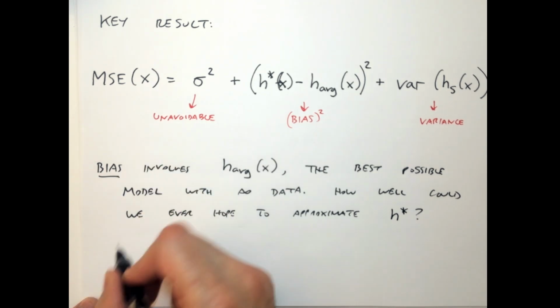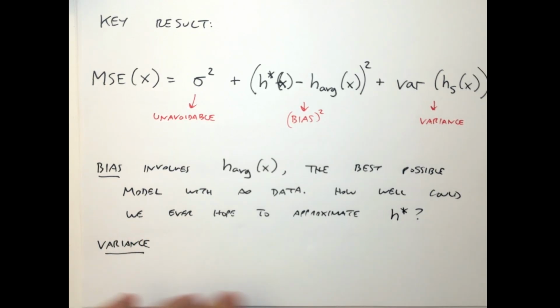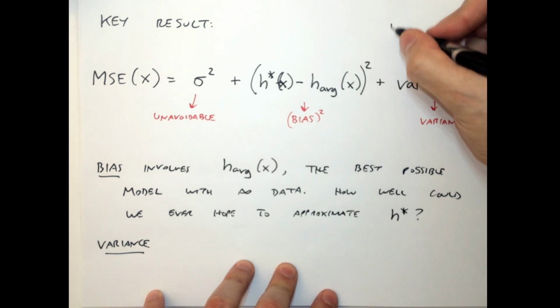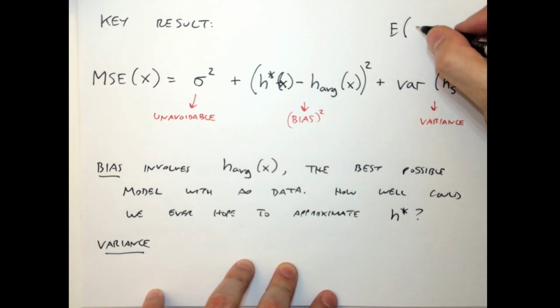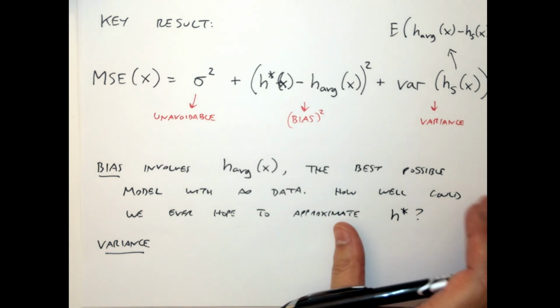And the variance, a different way of looking at this, is like saying, what is the expected value between the average model trained at X and the thing that I see? So this is just the variance from the mean. I'm going to move this over just slightly.